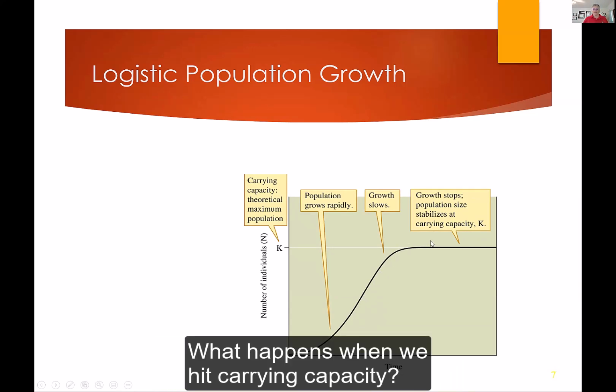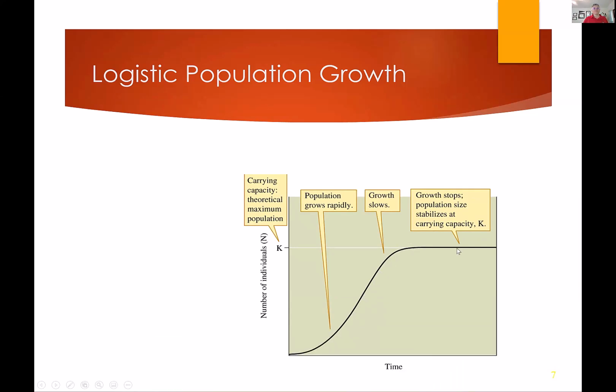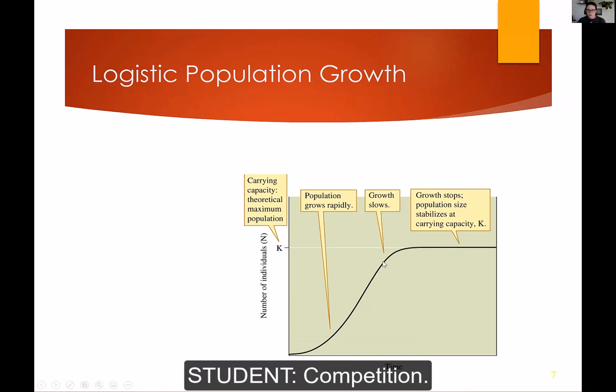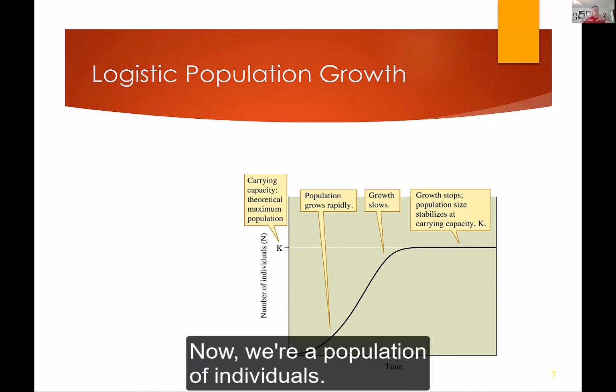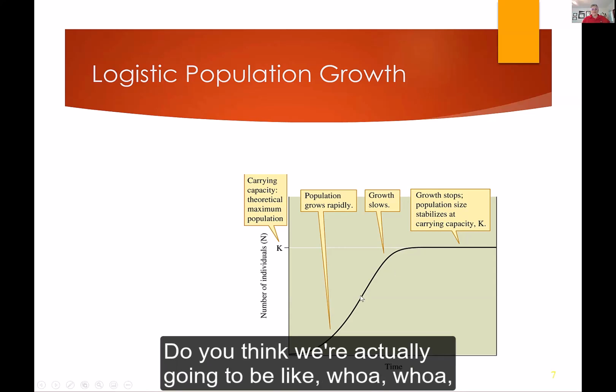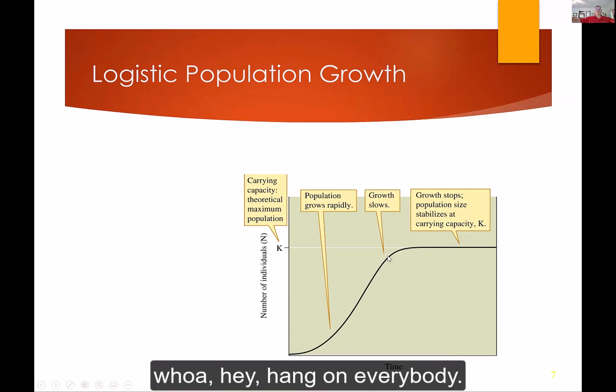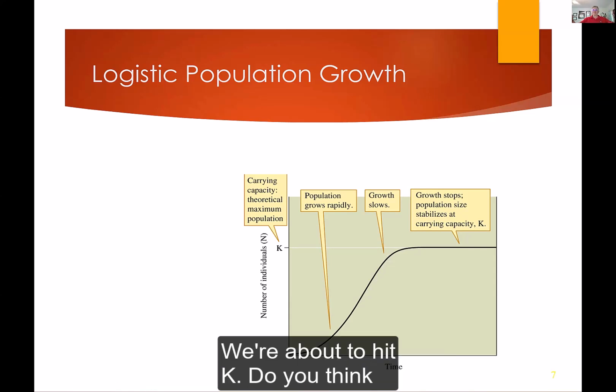What happens when we hit carrying capacity? Do you think competition? We have limitations. Now, we're a population of individuals, right? Do you think we're actually going to be like, whoa, whoa, whoa, hey, hang on, everybody, we're about to hit K?